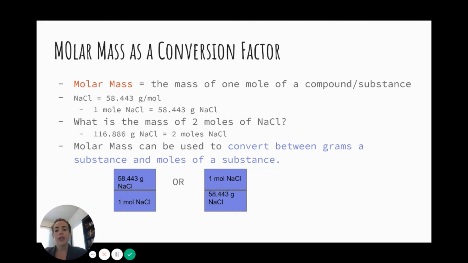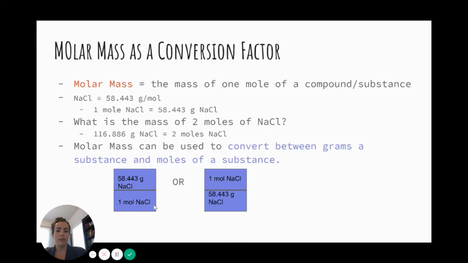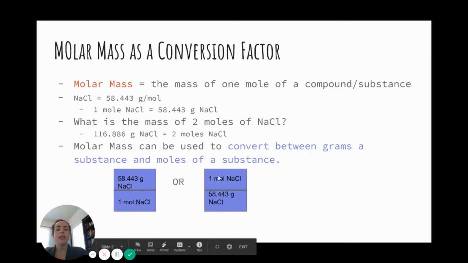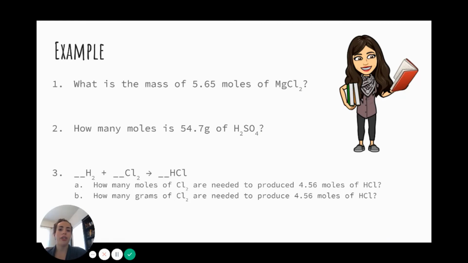Now they're going to do different things. The first one, with the 58.443 on top, converts moles into grams. However, this one right here will allow us to convert grams into moles. So let's look at a couple different example problems of how we would actually use these conversion factors.